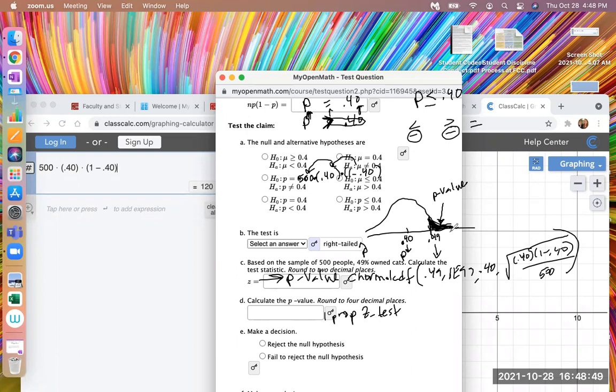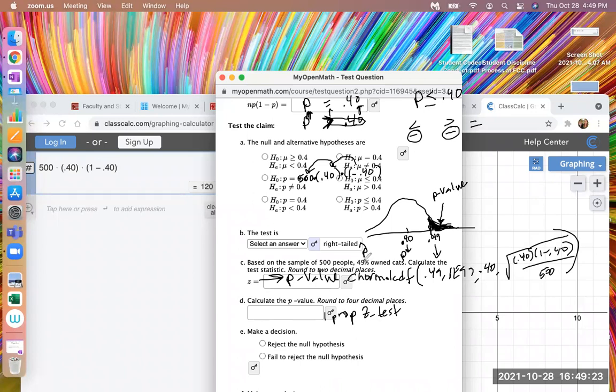But I am going to draw this picture. What happened is we want to find out really what is the likelihood of getting a sample of 500 people such that 49% own cats, if the true population proportion, that means out of all the people of interest that we're looking at, is 40% own cats. 49% is quite a bit bigger than 40%.